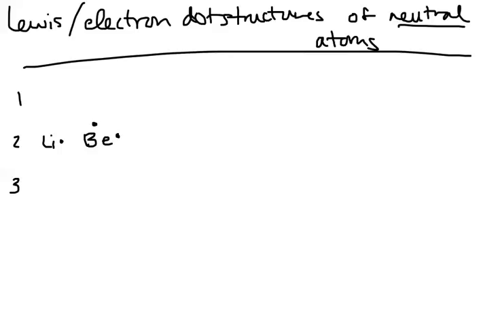So how about boron? How many valence electrons? 3. 1, 2, 3. Carbon? 4. 1, 2, 3, 4. We have now taken up all of the spaces. We're going to have to start pairing up the electrons.